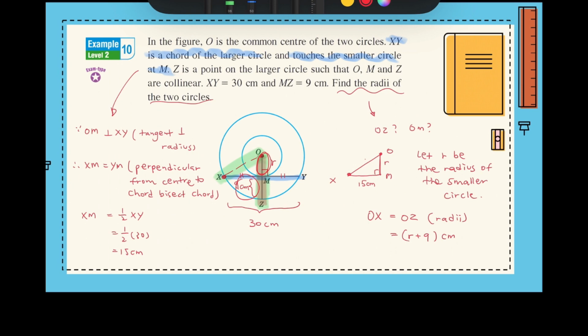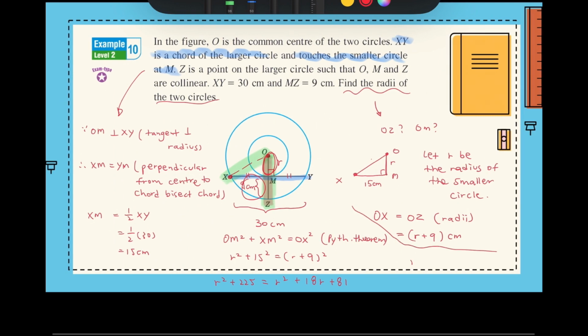This part is R, and then you got the 9 cm here. Because it's a right angle triangle, we can use our Pythagoras theorem. OM squared plus XM squared equals OX squared. So R squared plus 15 squared equals R plus 9 squared. So R squared plus 225 equals R squared plus 18R plus 81.